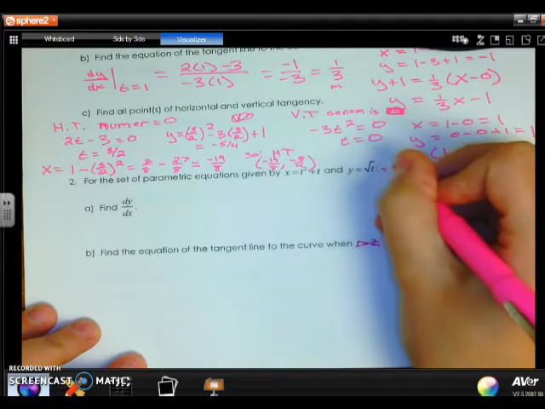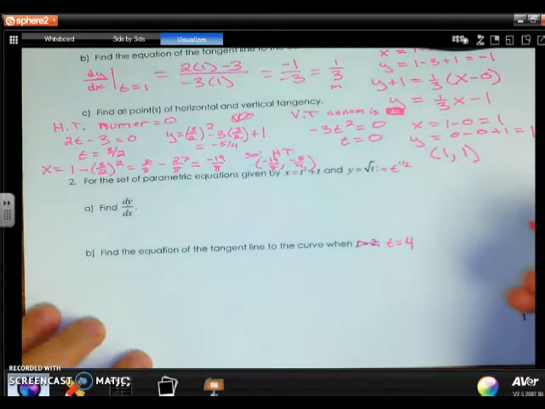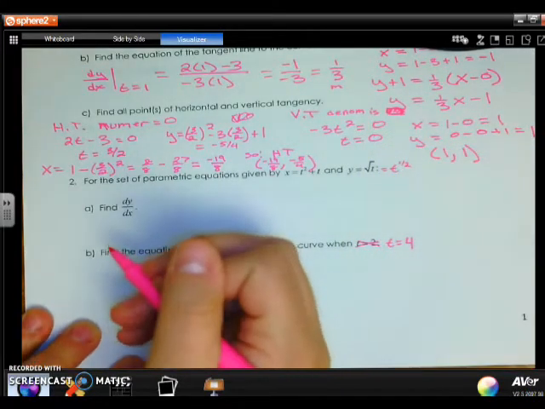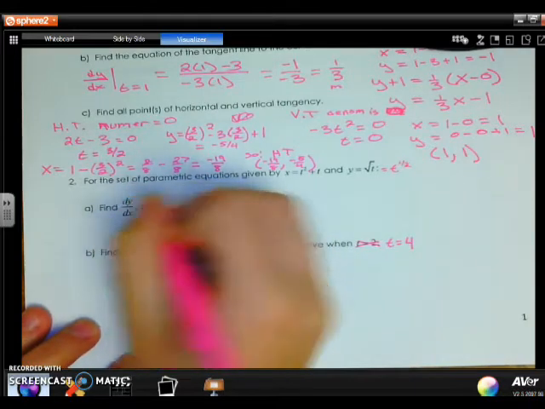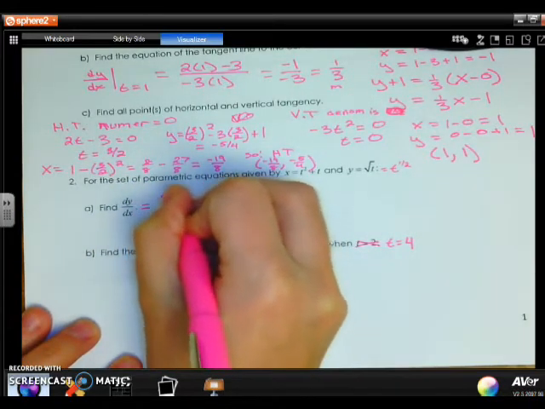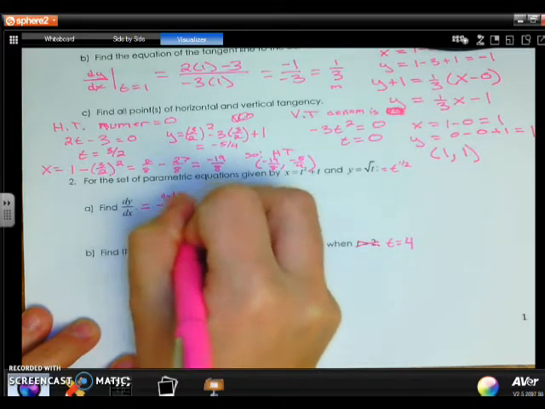Here I'm just going to rewrite this as t to the 1/2, and then I'm going to find the derivative. So this derivative is the same thing. It's going to be dy dt divided by dx dt.